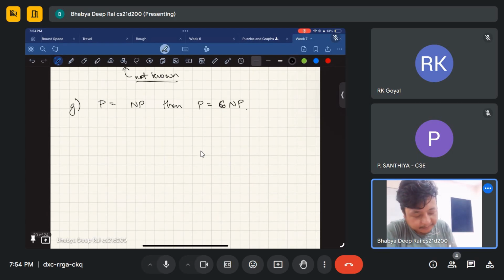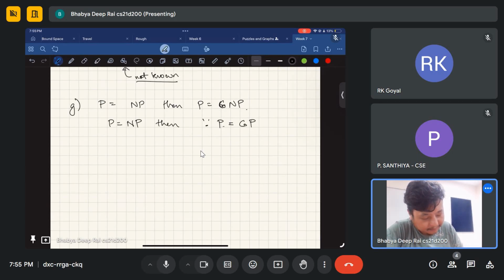Well, if P equals NP, then since P equals coP, which means even on complement, it's just a matter of flipping yes or no.